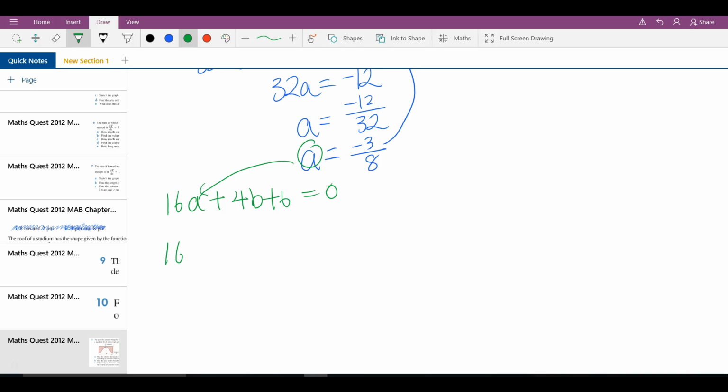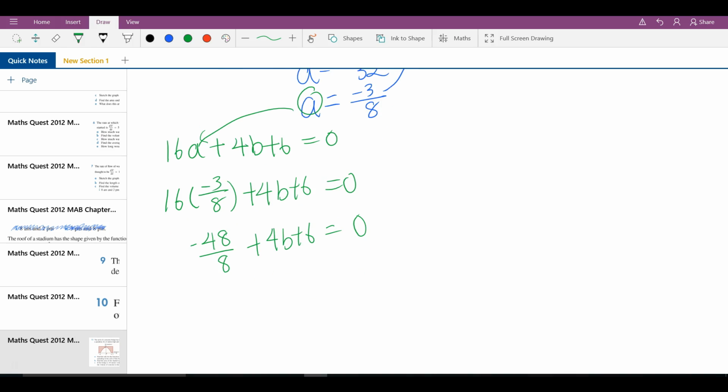So it will be 16 multiplied by -3 over 8 plus 4b plus 6 equals 0. So 16 multiplied by -3 would be -48 over 8, it's a negative there, plus 4b plus 6 equals 0. Now 48 divided by 8, I think that is just 6. If I remember right. Yep, it is.